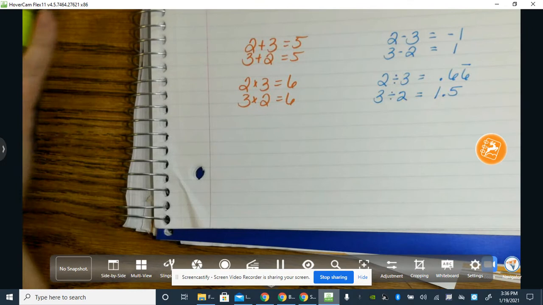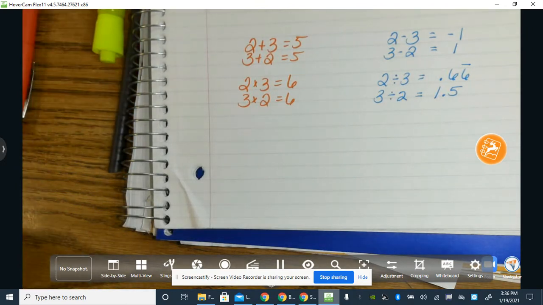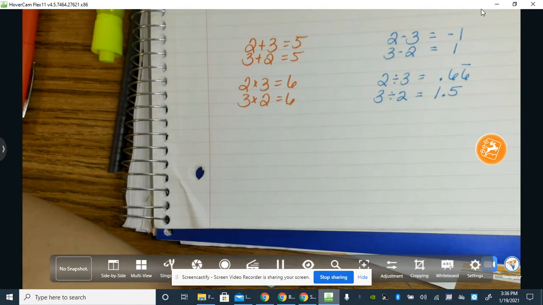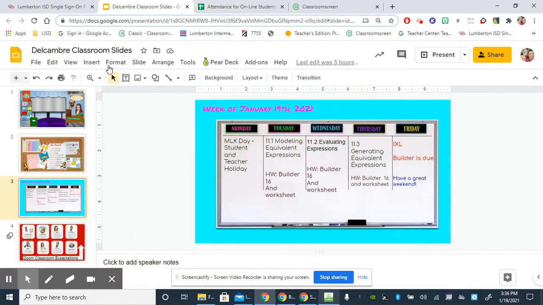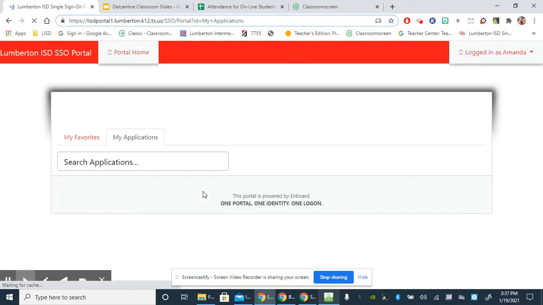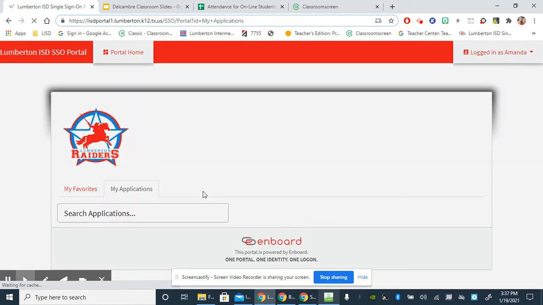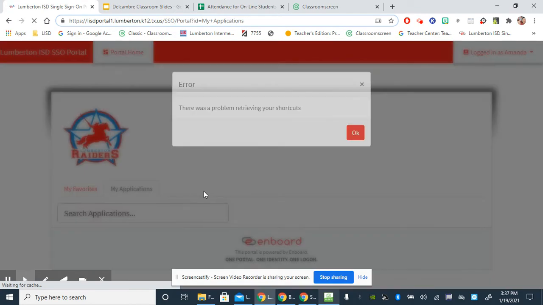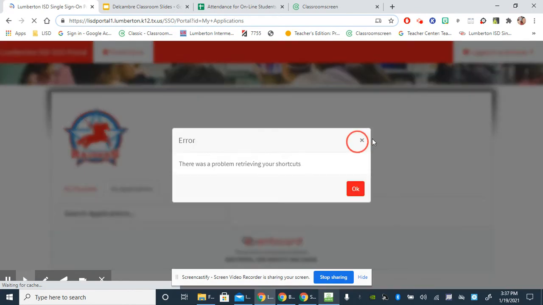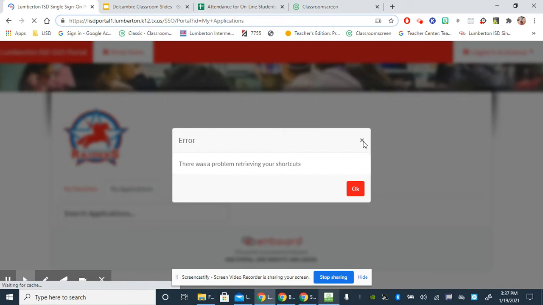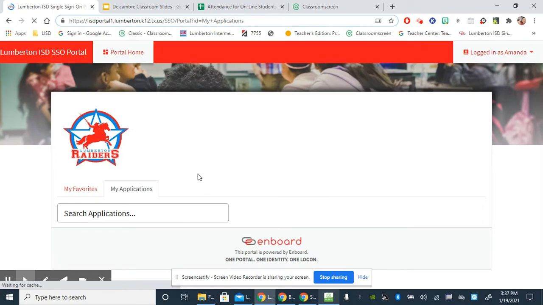Let's go real quick and look at your homework, which is 11.1, modeling equivalent expressions, and I'm going to minimize this page. Come over here and pull it up, if it pulls up in time. All right, let me find my Google Classroom.